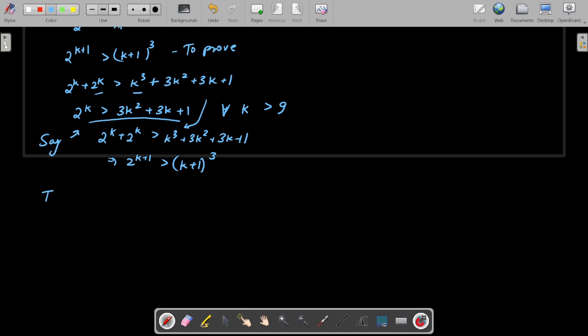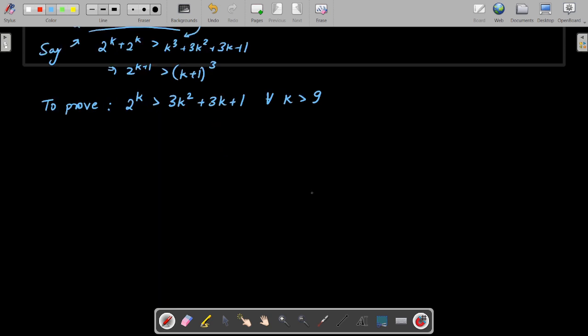So all we need to prove in this question now is that 2 to the power k is greater than 3k square plus 3k plus 1 for all k greater than 9, right? Now again, let's take the base case k equal to 10, right?